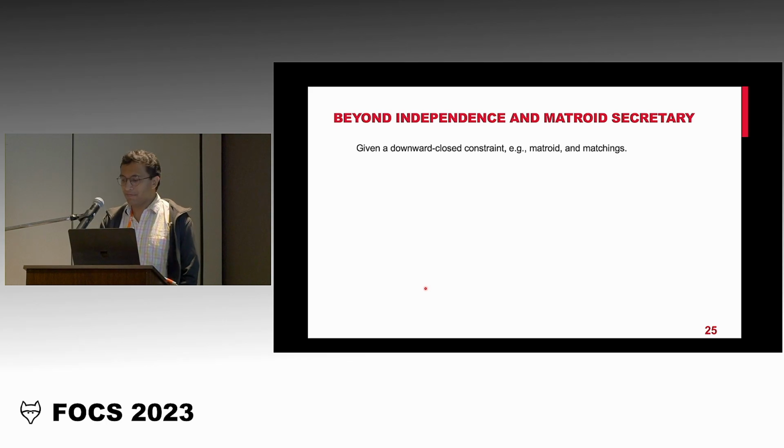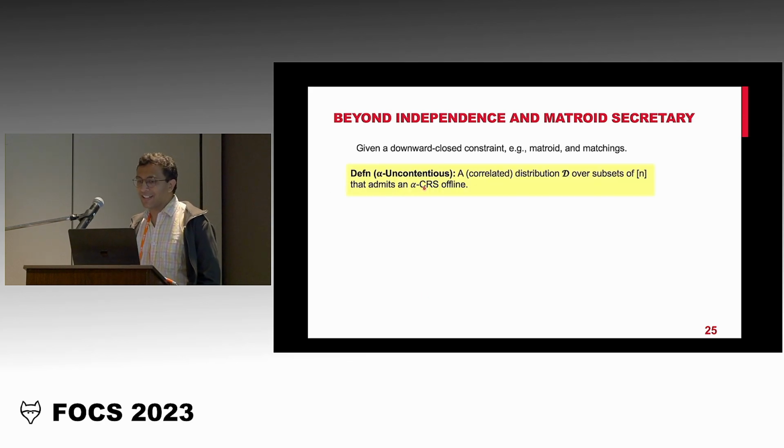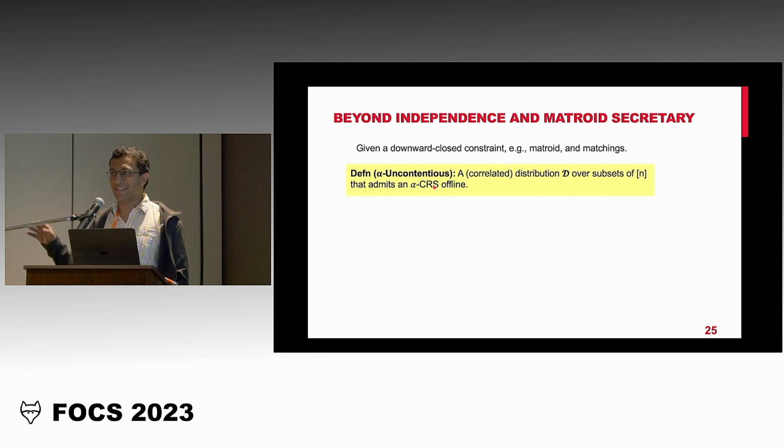There are also works beyond independence and connections to the matroid secretary problem. What if your distribution has some correlations, it's not a product distribution? At a high level, you can define a distribution to be alpha-contention-resolvable as long as there is an alpha offline contention resolution scheme that exists. You can study these things for correlated distributions.